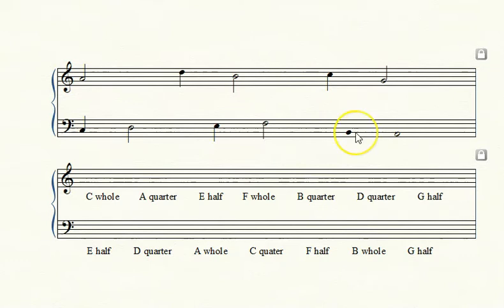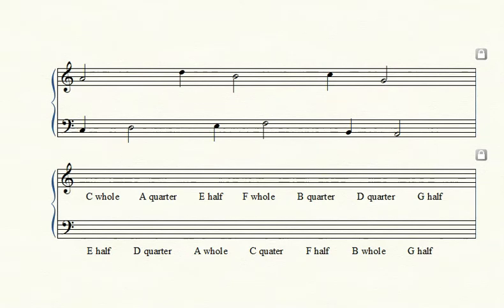With our second to last bass clef note, we see a note on the second line, so we will add a stem on the right facing up. And for our last bass clef note, we see a note on the first space, so our stem will face up on the right.